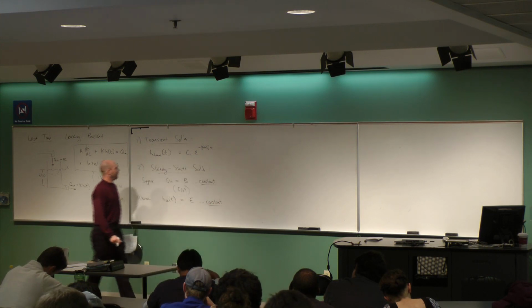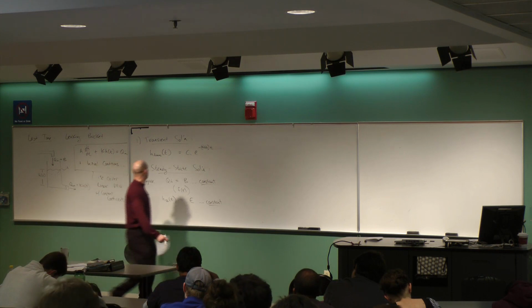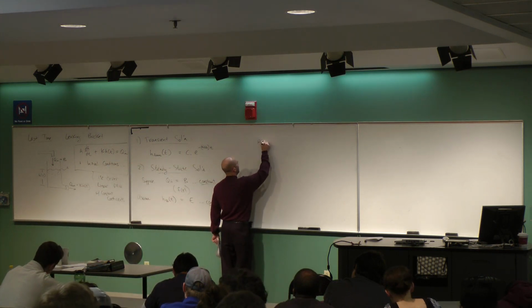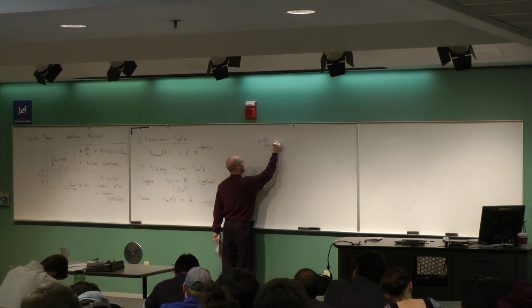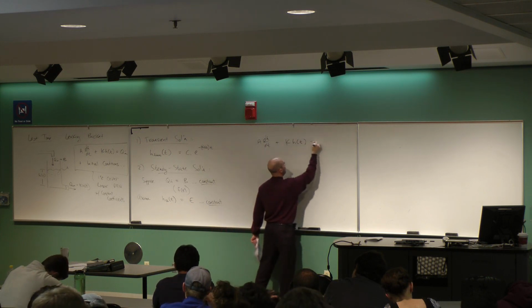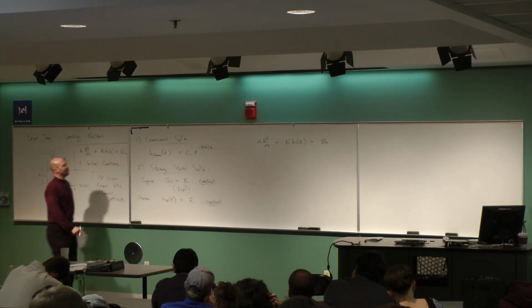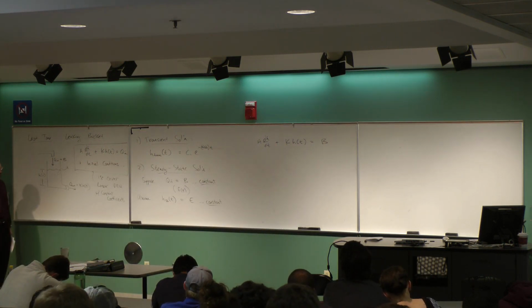All right, so if my Qn is B, my original equation is a dh dt plus k times h of t is equal to Qn. You know, that's the B. So that's the specific equation we're trying to solve now.